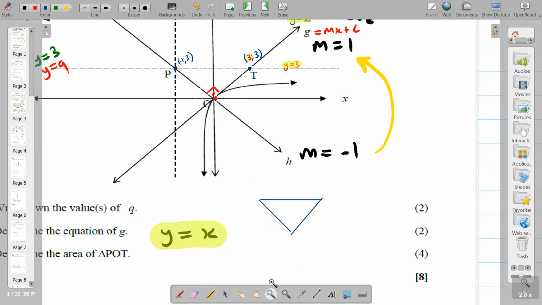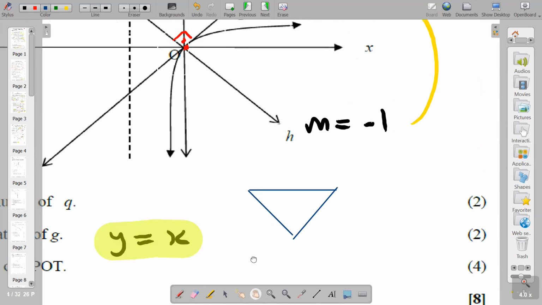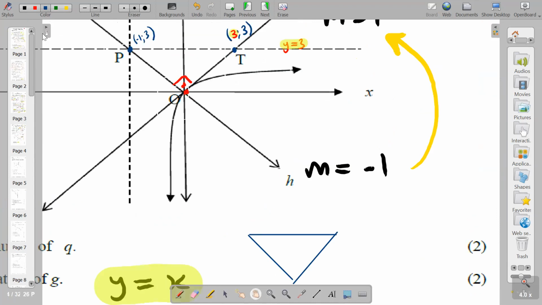If we focus on the coordinates, they will tell us everything. The first coordinate is -1 and 3, this one is 3 and 3, and that one is 0 and 0. So that's my base, and if I drop a height from here, it's perpendicular. So that's my base and that's my height.